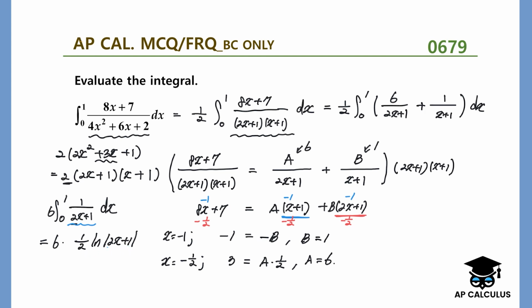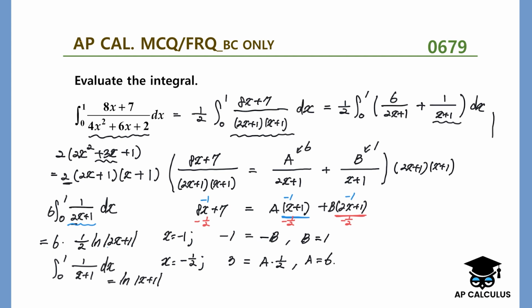Okay, now we're going to find the antiderivative of this. That's easy, right? The integral from 0 to 1 of 1 over x + 1 dx. That's just equal to natural log of x + 1.